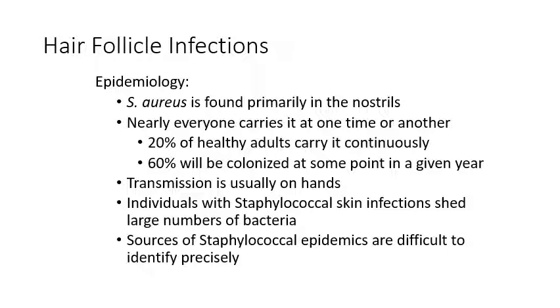Sometimes it's there all the time, sometimes it's there transiently, but it tends to be part of this normal microbiome. And usually because it's in the nose, transmission is going to be on the hands. So blow your nose or sneeze or whatever without washing your hands afterwards, and you can transmit that Staph aureus from the nose to the skin, and that's what can result in these type of infections.